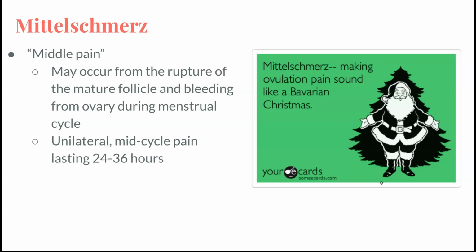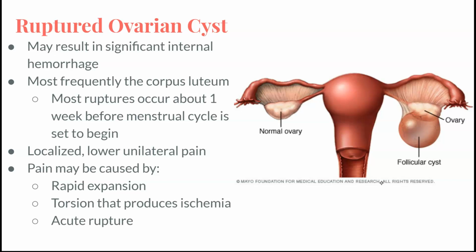It's your ovary going, hey girl, guess what? In two weeks you're gonna bleed. It's usually not a big deal. It goes away relatively quickly, but it can be mistaken for things like an ectopic pregnancy, a fallopian tube rupture, an ovarian cyst, or an ovarian torsion.